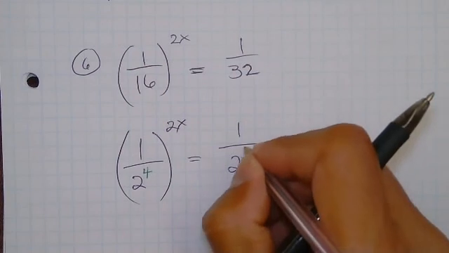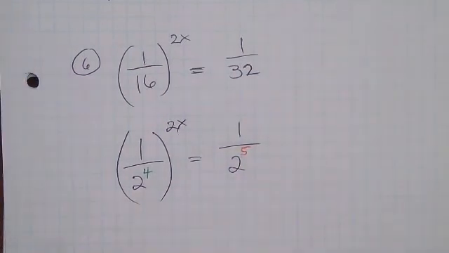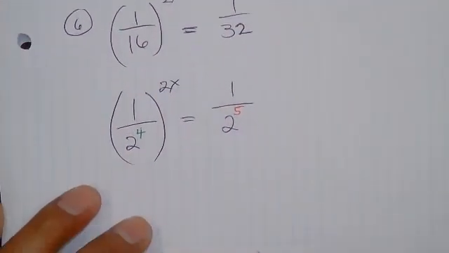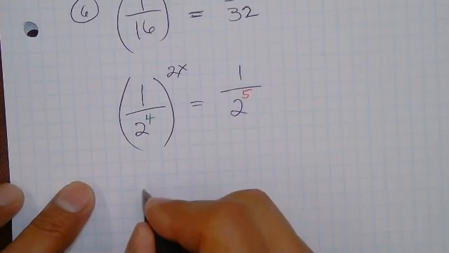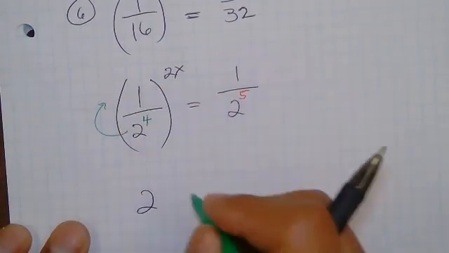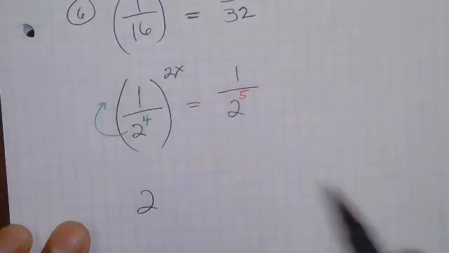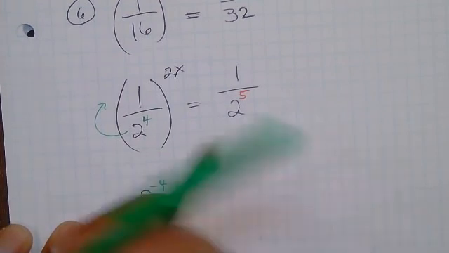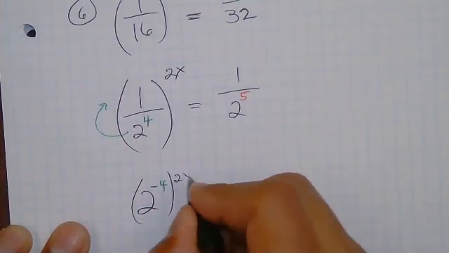Yeah. Is equal to 1 over, what's 32? 2 to the power of 5. Correct.